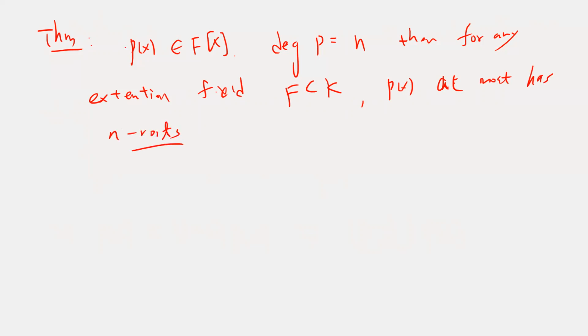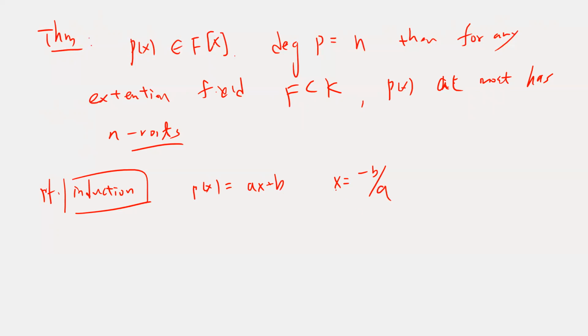Hopefully it is obvious to you that this is correct. The proof is just by induction. If your p of x is, let's say, ax plus b, then you know there is only one root, x equals minus b divided by a.